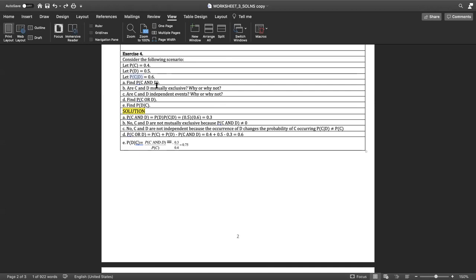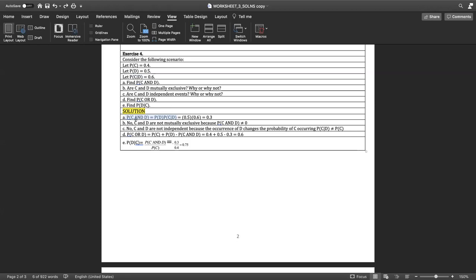Now, we want to find the probability of their intersection, that is the probability of C and D, okay? So let's do that. We'll use what's known as the multiplicative property, where the probability of C and D is the probability of D times the probability of C given D. That's called the multiplication rule of probability theory, okay?